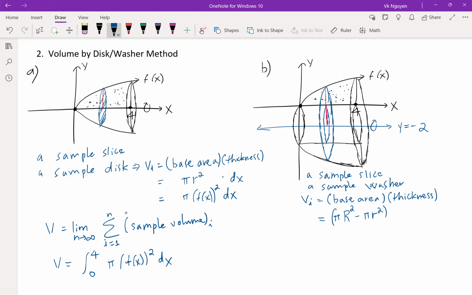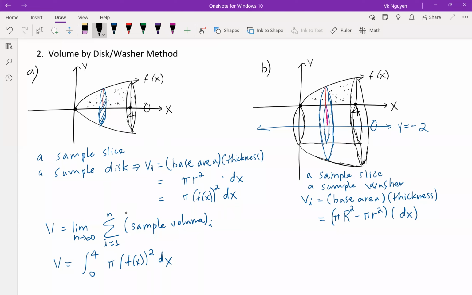Subtract them and we get the exact base area of the washer. The thickness here is also dx, because the washer is perpendicular to the x-axis. We can figure out the R squared and the smaller r squared later when we do an example.